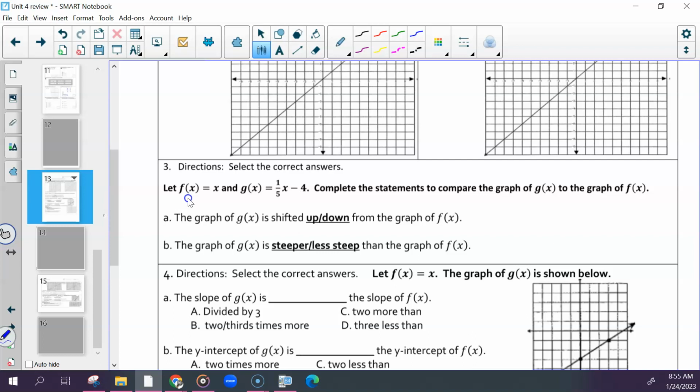Think about what that means, which one it's referring to. Otis. What is this referring to? Is it talking about the slope or the y-intercept? Y-intercept. So if it's comparing the y-intercept, did this shift up or did it shift down? Shifted down.